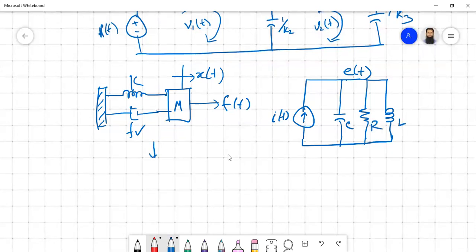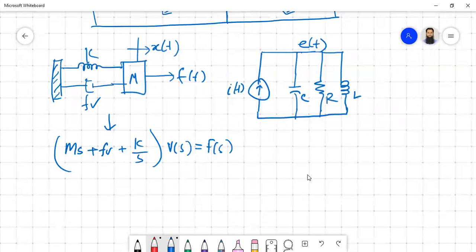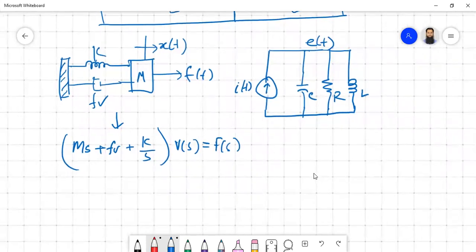If you try to write this equation, the equation is the same as before. So you can write Ms plus fv plus K by s, and then V(s) equals F(s). Now, if we try to write the equation for the electrical network, we're going to take the help of the admittance.